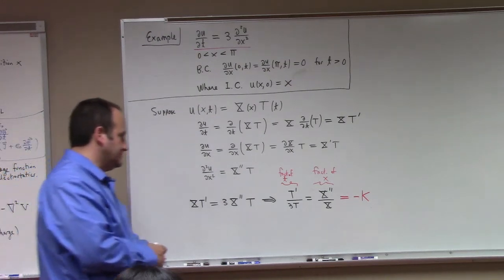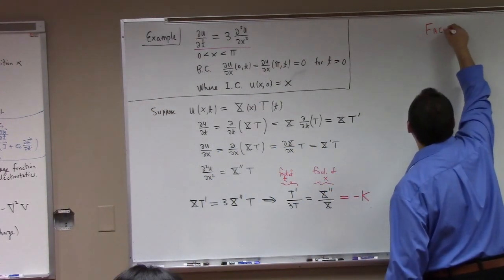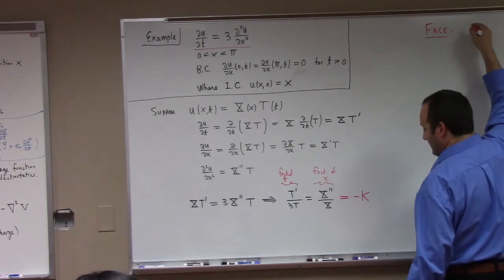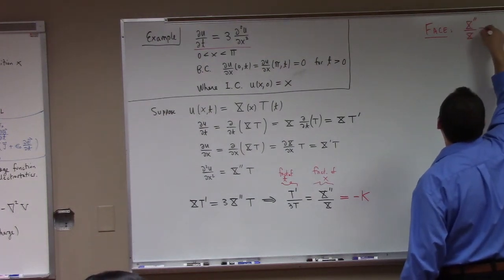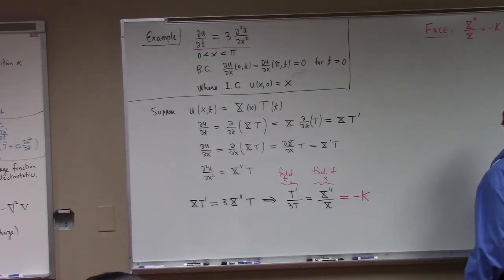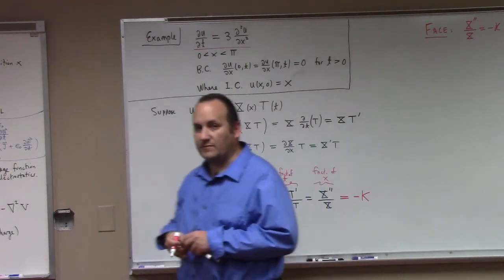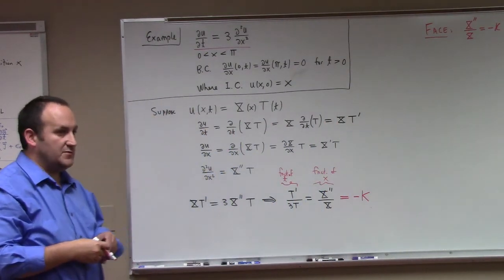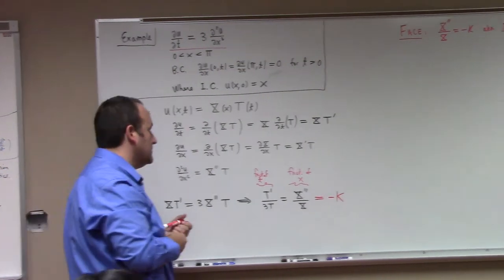So I must face x double prime over x equals minus k, aka x double prime plus kx equals 0. The reason I put the minus there is so it matches up with our work from just before.